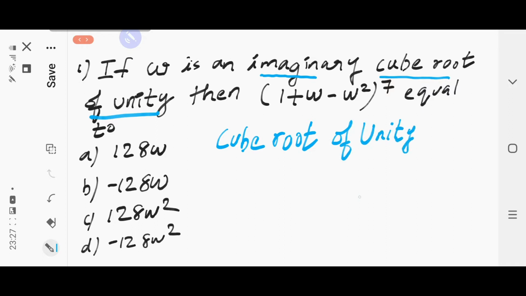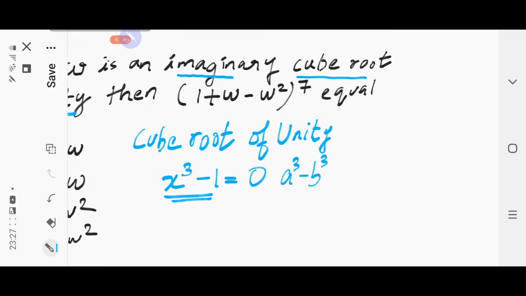As you know, cube root of unity means a solution of the equation x cube minus 1 equals 0. When you solve this equation, what will happen? What is a cube minus b cube?